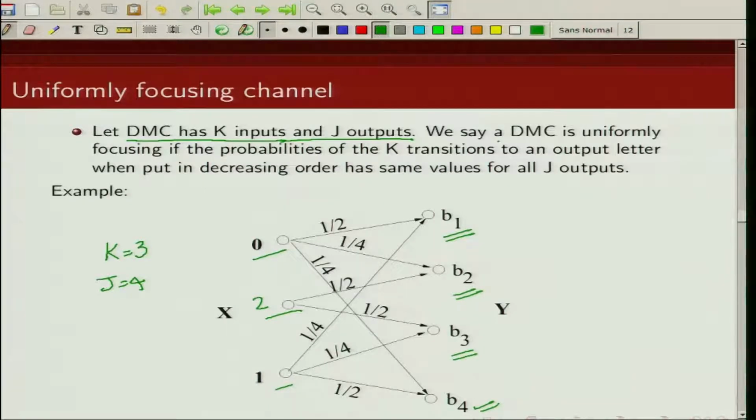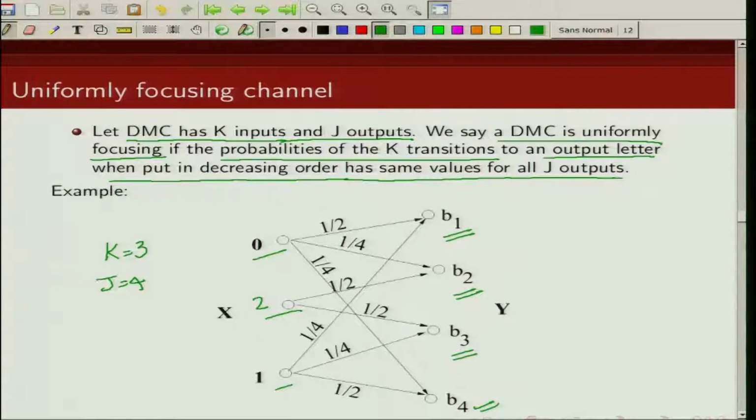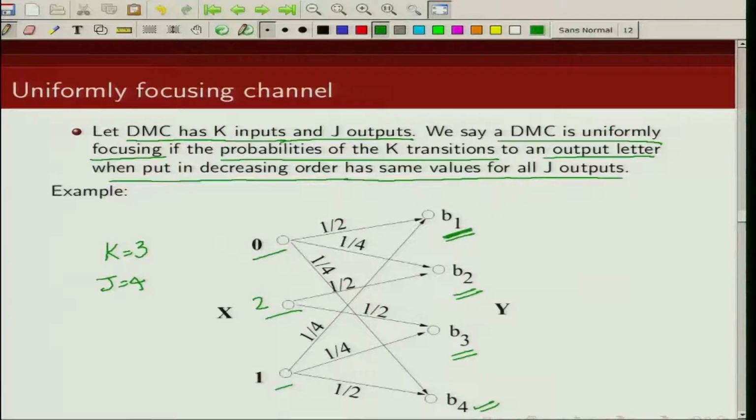Now we say a discrete memoryless channel is uniformly focusing if the probabilities of k transitions to an output letter, when put in decreasing order, have the same value for all j outputs. So what we need to do is look at the output letters B1, B2, B3 and B4 and look at the probabilities of k transitions to each output letter.